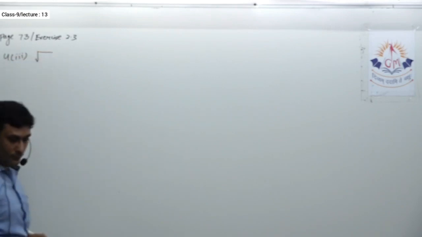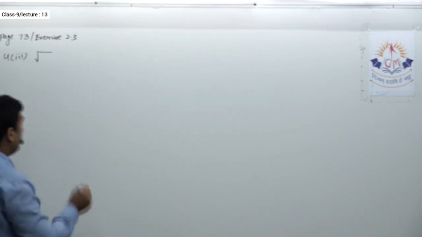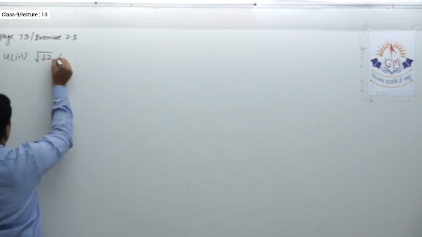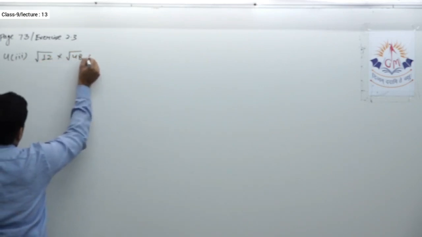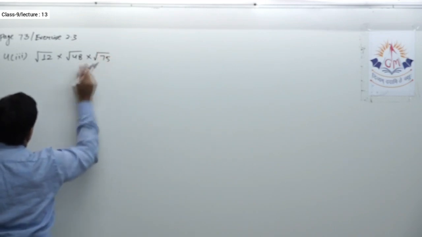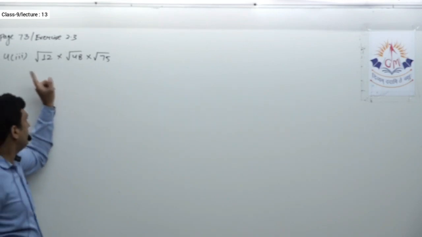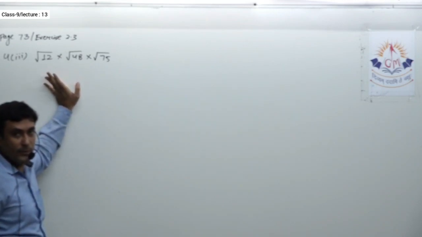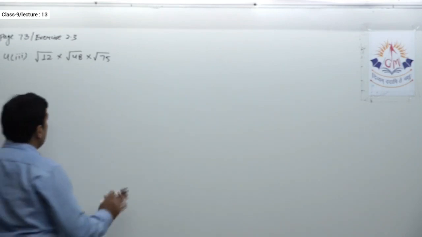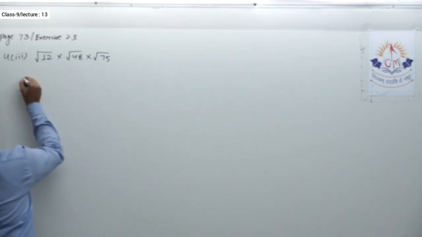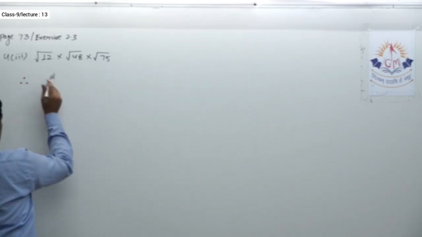Root of 12, 48, 75. Whether they are surds or not, definitely their orders are the same. That means it is possible to multiply them directly. Okay, so let us see how to solve this.